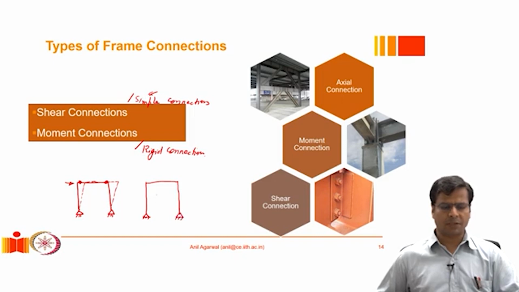Again, I am keeping the boundary conditions the same, but this time instead of having a hinge there, we have a rigid joint. So a rigid joint theoretically does not allow any relative rotation between the beam and the column.